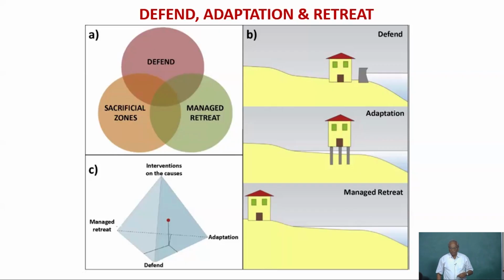Finally, I don't want any problem, I want to go away. This is what is called managed retreat. In this connection, we have what is called the coastal regulation zone, CRZ, which is another big area, or coastal zone management. I think she is there who can talk about that. I don't want to cover the coastal regulation zone.